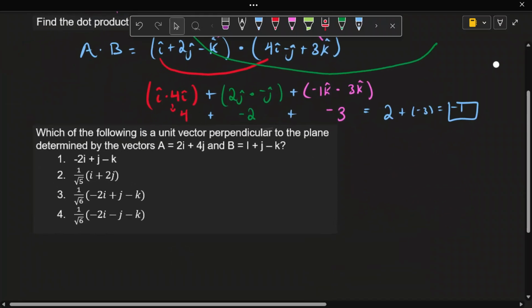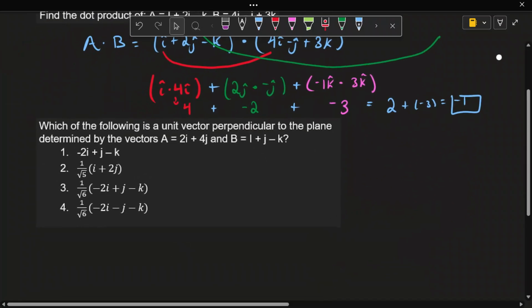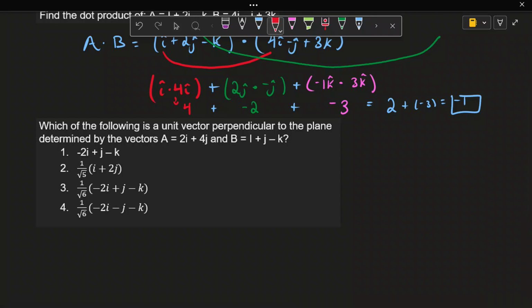Okay, so the next question here is, which of the following is a unit vector perpendicular to the plane determined by these two vectors? So the first concept we need to understand is the perpendicular concept between two vectors.